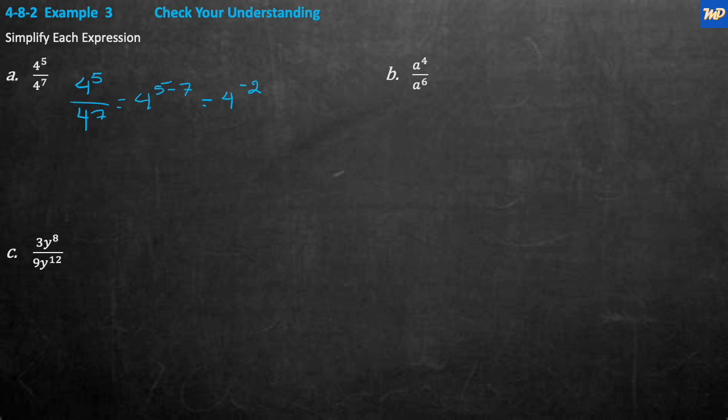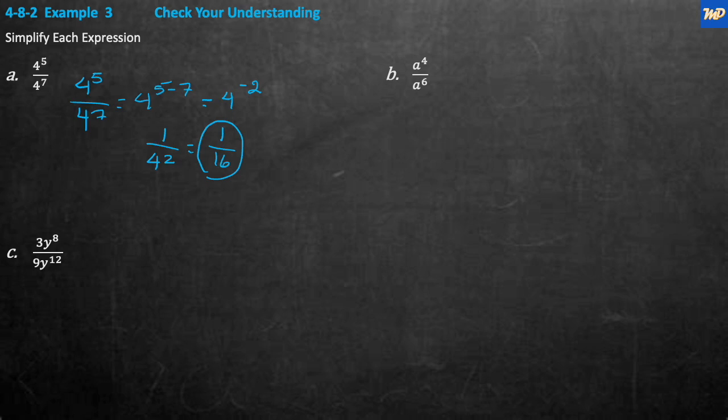Well, 4 to the minus 2 power, we're going to write that exponent in the denominator. So we're going to have 1 over 4 squared. And what does 4 squared equal? It's 4 times 4 is 16. So the answer is 1 over 16. Here's the answer for this one.